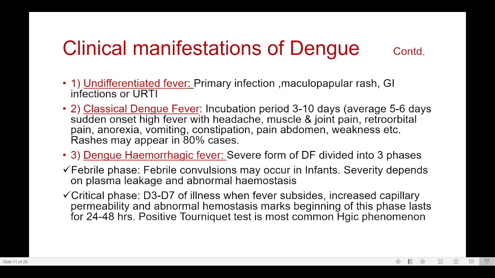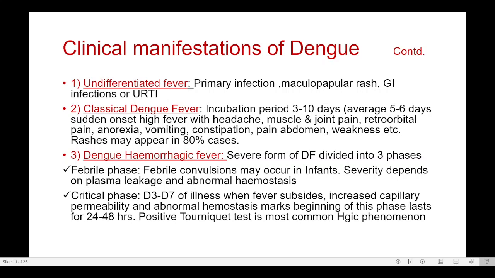Now one of the severe forms of dengue fever is dengue hemorrhagic fever, and this is divided into 3 phases: febrile phase, critical phase, and the convalescence phase, or reabsorption phase. The febrile phase, like classical dengue fever, has temperature of 39 to 40 degrees centigrade. Fever may be associated with rash, but sometimes it may not be present.